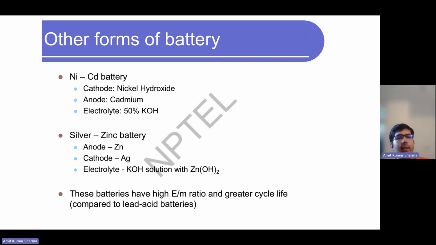Other forms of battery, like the nickel cadmium battery: cathode is nickel hydroxide, anode is cadmium, and electrolyte is 50% KOH. Silver zinc battery: anode is zinc, cathode is Ag, and electrolyte is KOH solution with zinc hydroxide. These batteries have a high energy to mass ratio and greater life cycle compared to lead acid batteries.